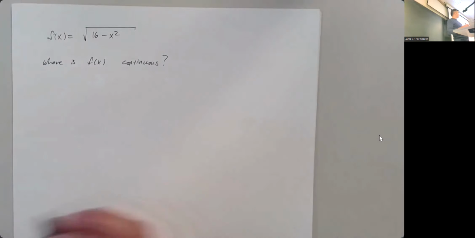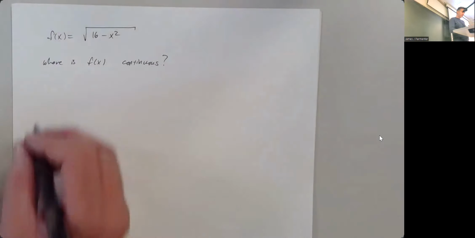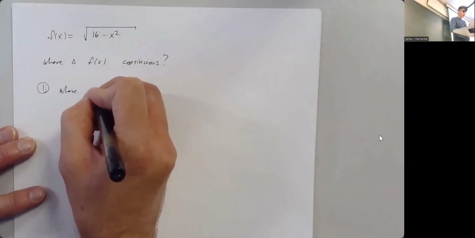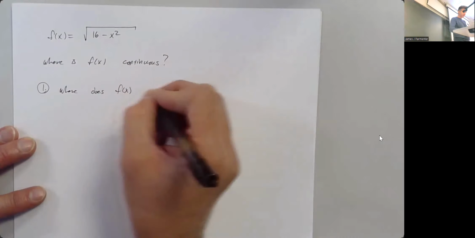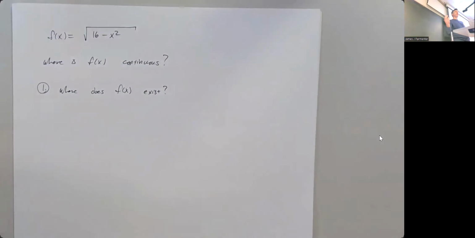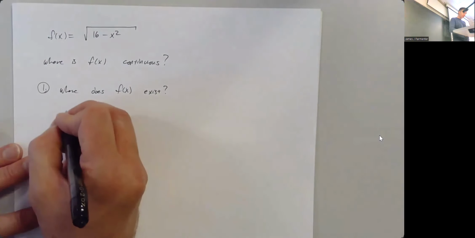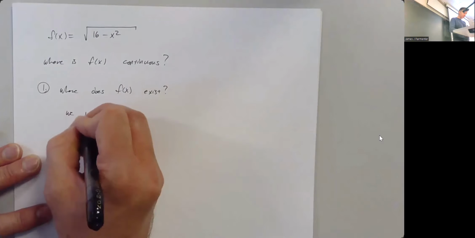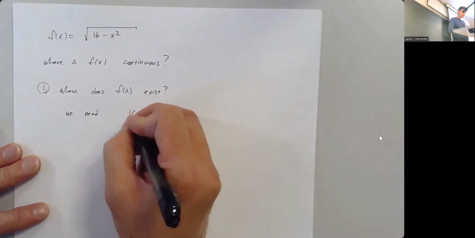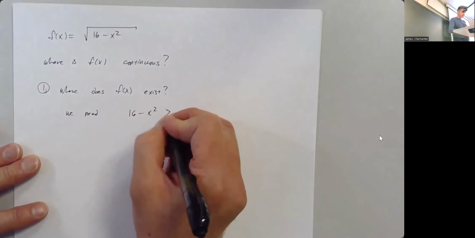So let's find where the function is defined first, because that's what we are really concerned with. So one, where does f of x even exist? Well, we know how to find the domain of radicals. We need the inside part of the square root, 16 minus x squared, to be greater than or equal to 0.